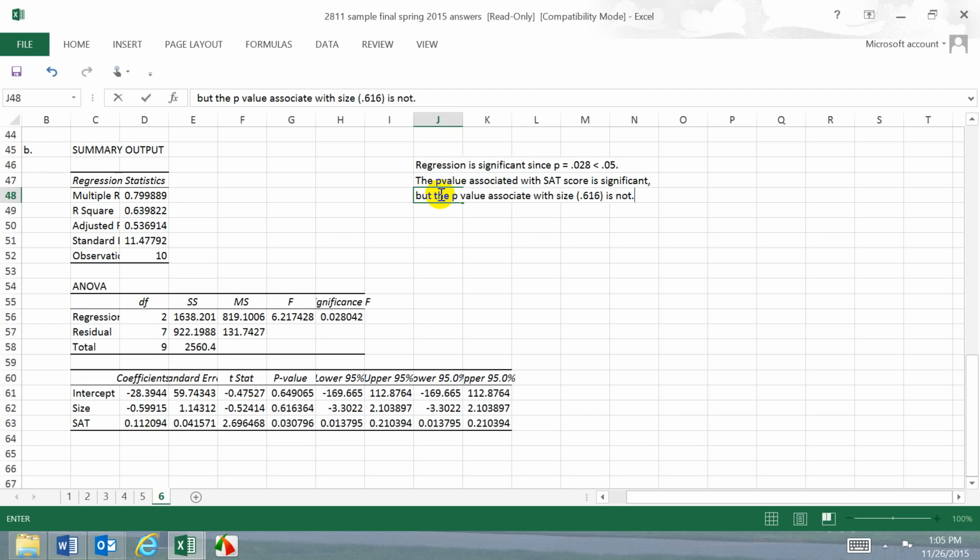Remember, the p-value associated with the SAT score, let's just write that one down too, is 0.0307.